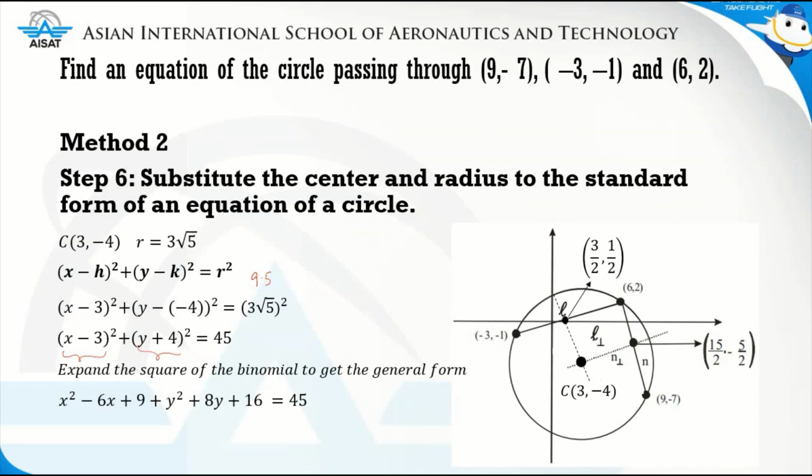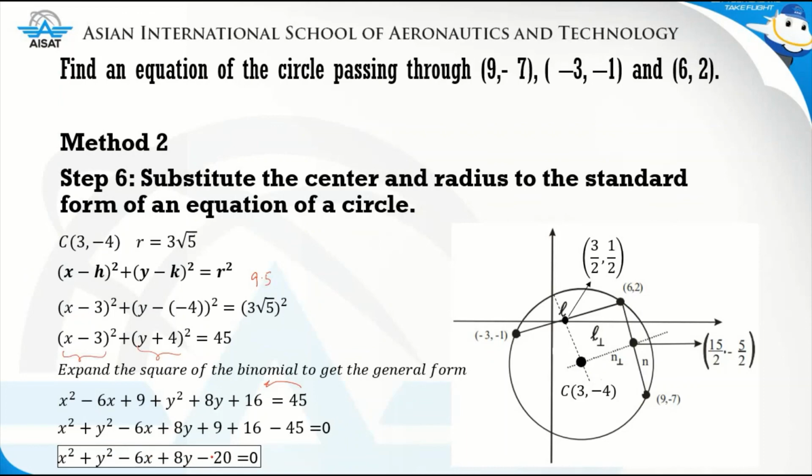So adding all the constants on the left-hand side, so we transpose 45 on the left. So we'll have x squared plus y squared minus 6x plus 8y plus 9 plus 16 minus 45 is equal to 0. We'll have x squared plus y squared minus 6x plus 8y minus 20 is equal to 0.